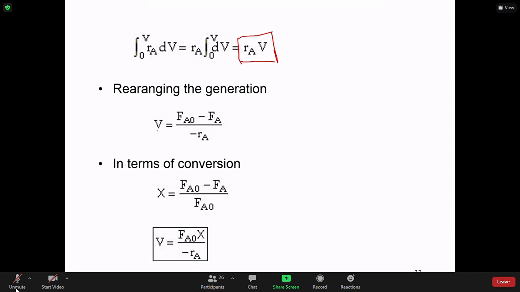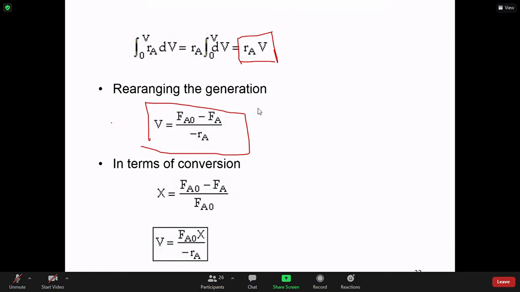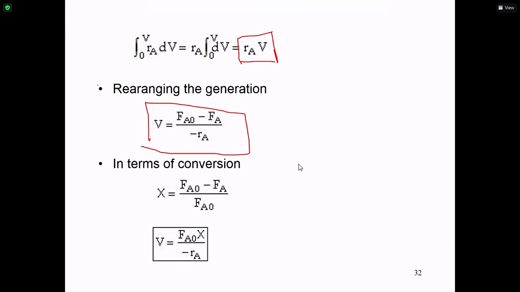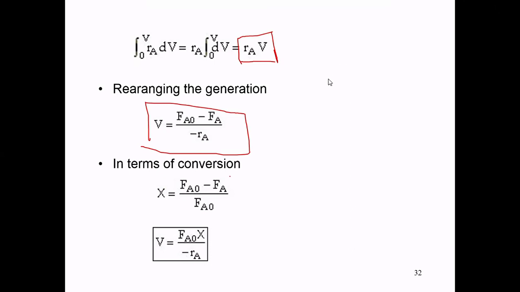We get that FA naught minus FA over the negative reaction rate. And then in terms of conversion, we know that the definition of conversion for a continuous reactor is this: flow in minus flow out over flow in.